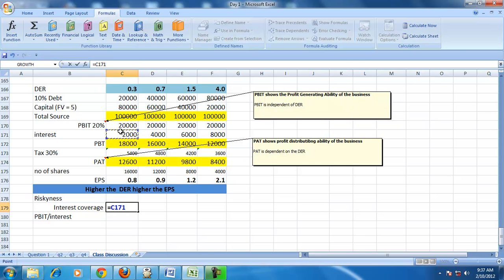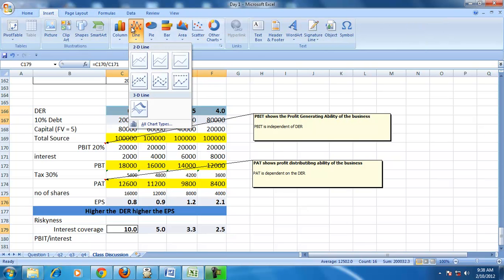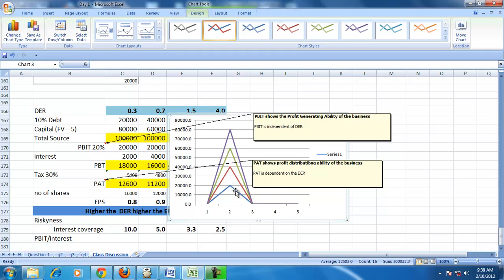In other words, the profit available to pay the interest reduces with the increase in the debt equity ratio. So if you put them together, you observe that interest, EPS and the DER are differently related.